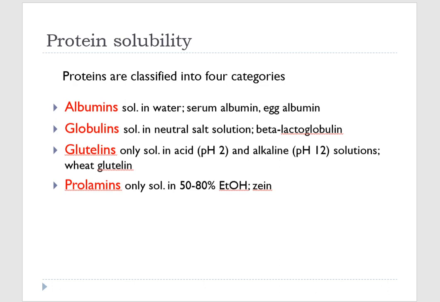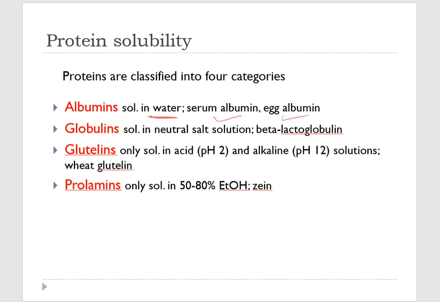Okay, let's continue. So based on these solubility characteristics, proteins are classified into 4 categories. The first one is albumins. Those are soluble in water. An example can be serum albumin or egg albumin.